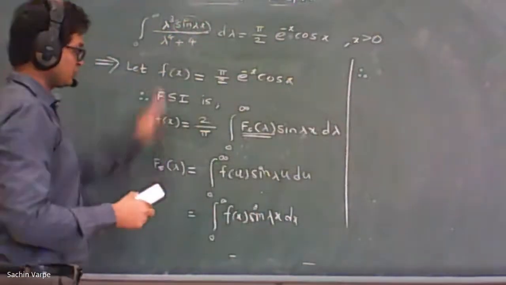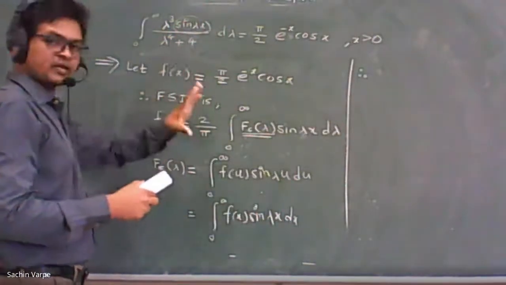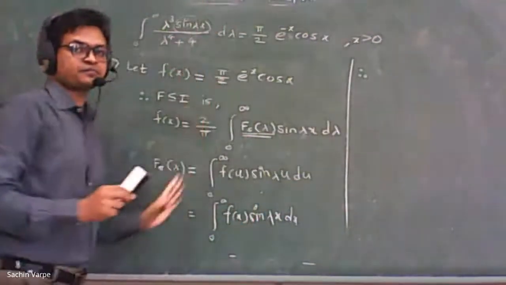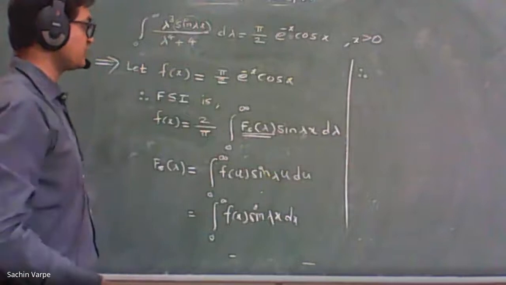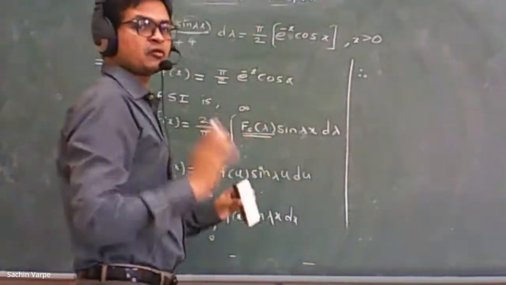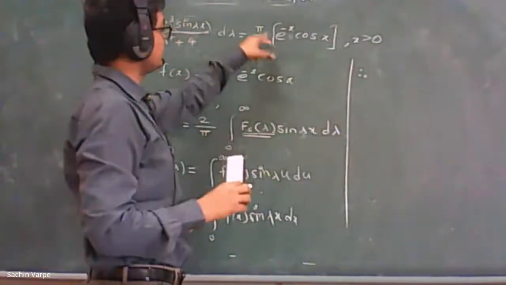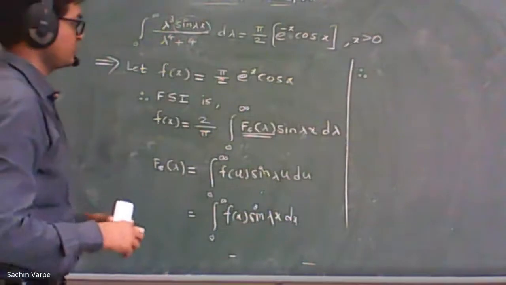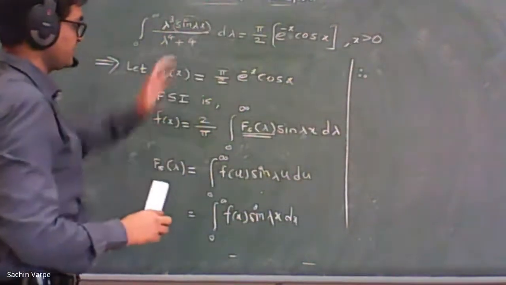So you can consider this also f of x. It doesn't matter. You'll get the same thing. Please don't get confused. If you start by considering this as f of x, then that pi by 2 you'll get on the left hand side. So I'm considering the complete right hand side as f of x.